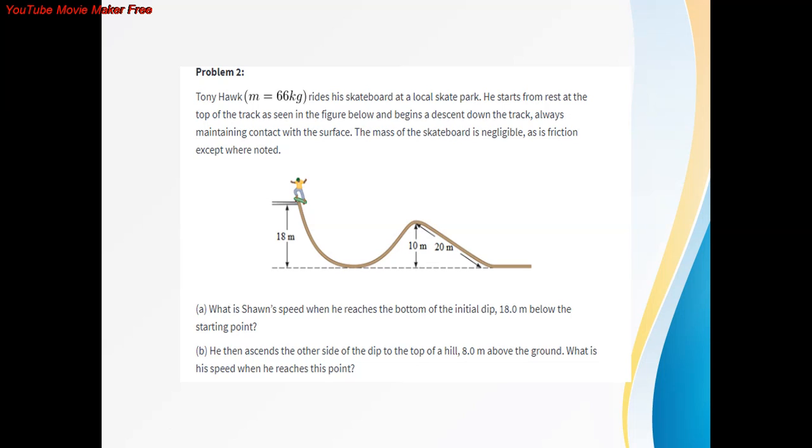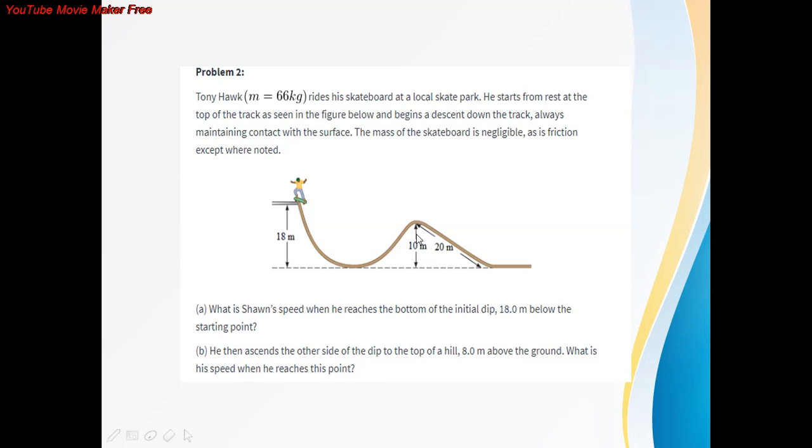This is actually 10 meter, right? This is not actually 8 meter. Here it is written 8 meter. This is wrong. This 10 meter is right. So when the person again goes back to this point, then what is the speed when he reaches this point?